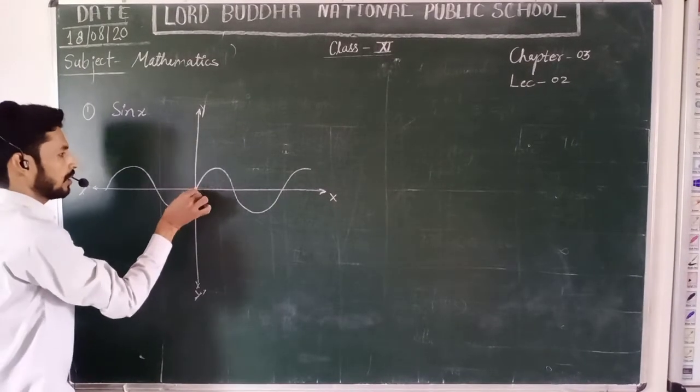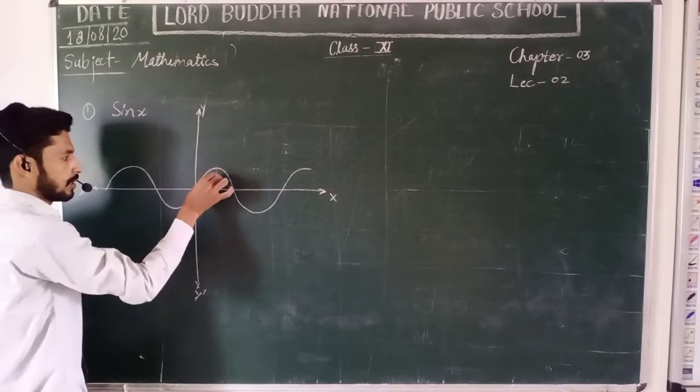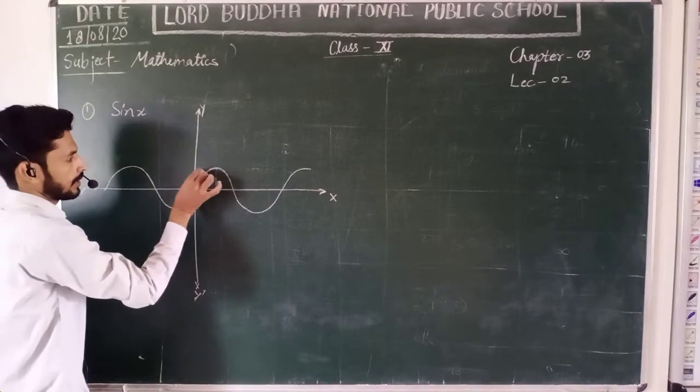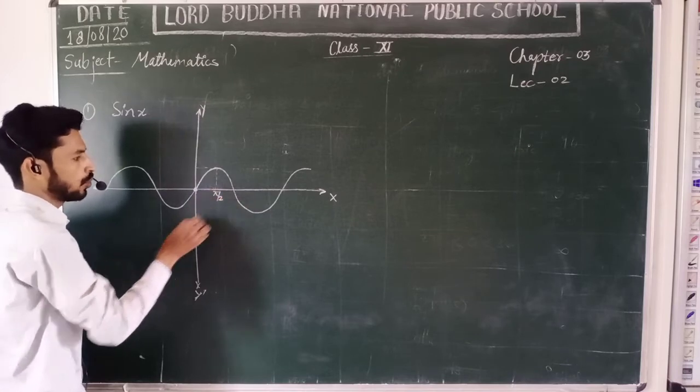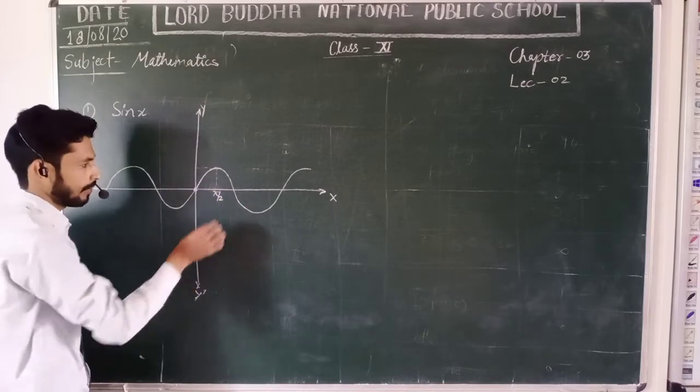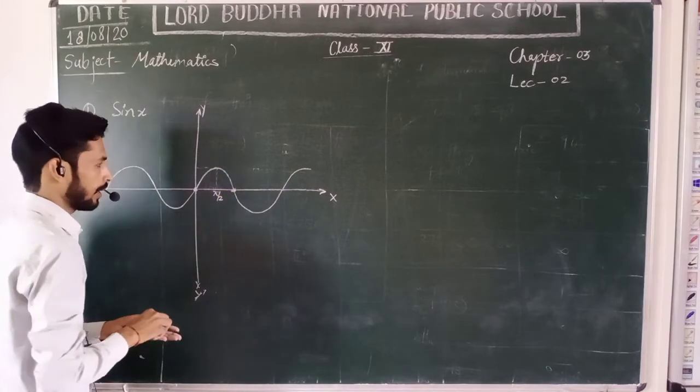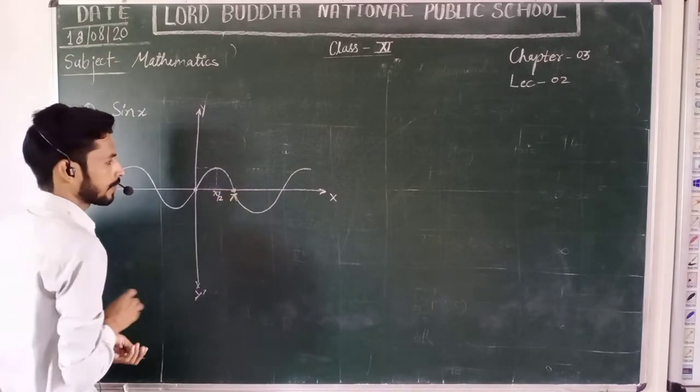Here this is the value, and the angle is pi by 2, that means 90 degrees.